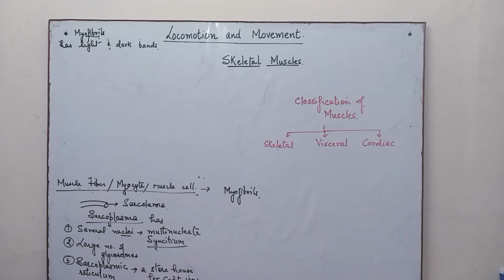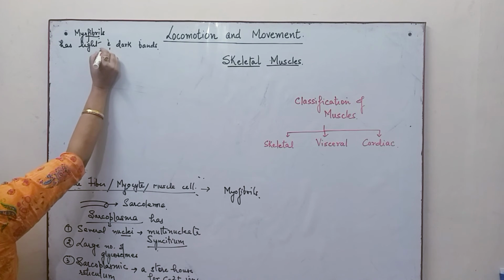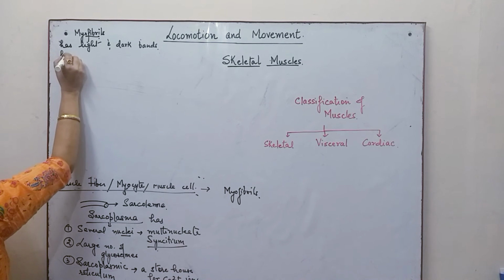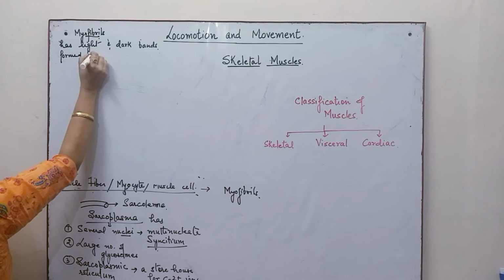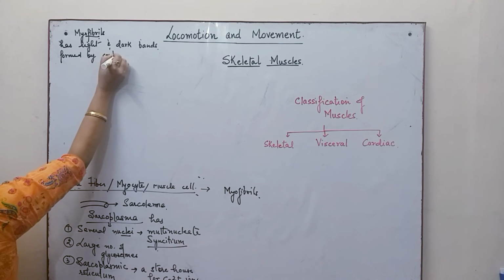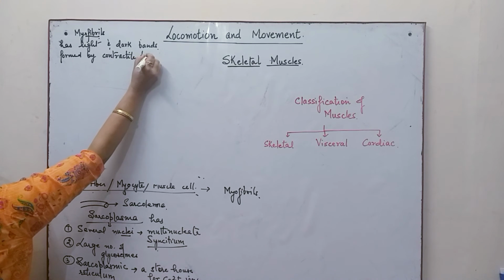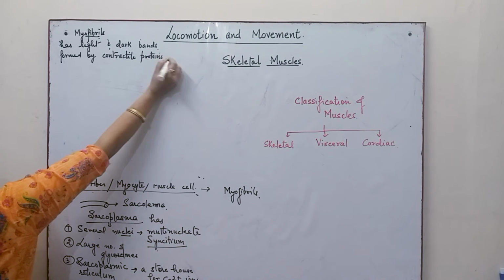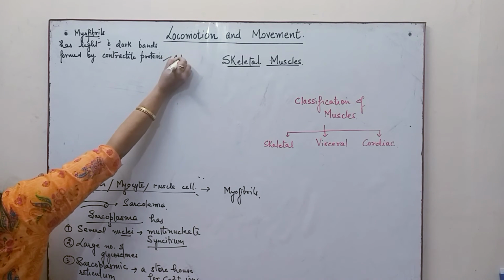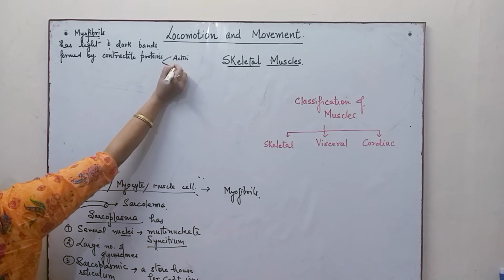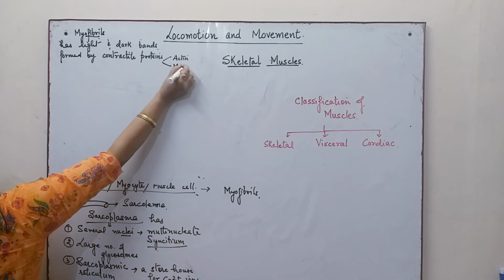And these light and dark bands are formed by contractile proteins. And what are these contractile proteins? One is actin and the other is myosin.